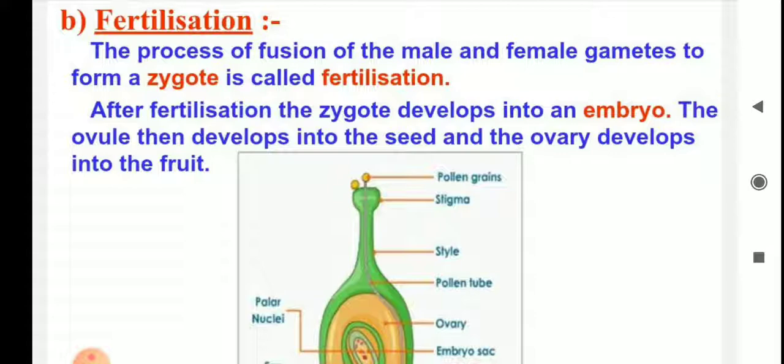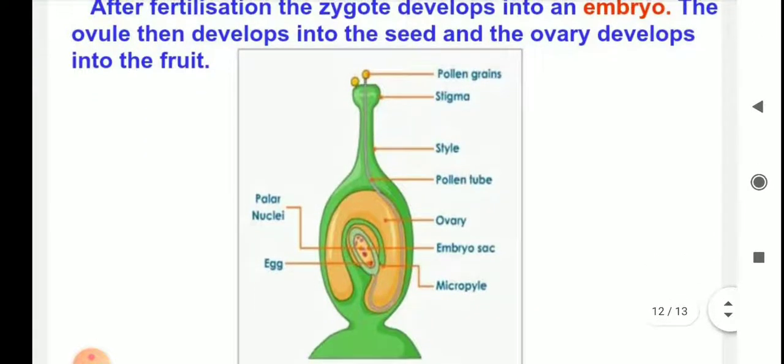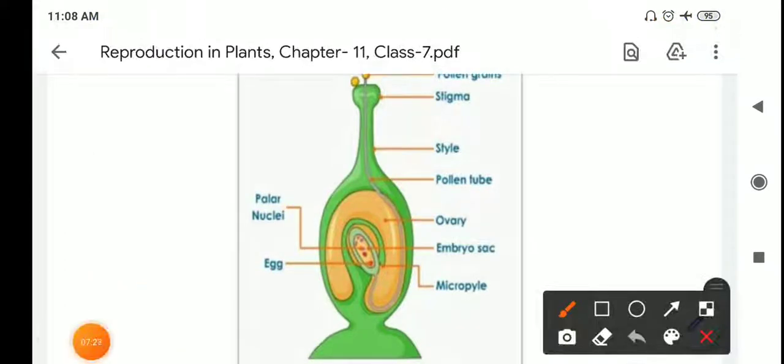Now, in the fertilization process, when the pollen grains transfer from anther to stigma, that is pollination. And see here in this structure, when the pollen grains from the stigma enter the ovary, the male gametes, the pollen grains, meet the female gamete, the ovule, and they form a zygote.